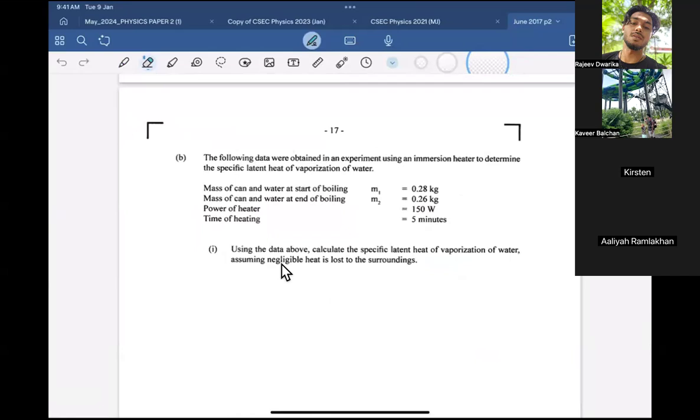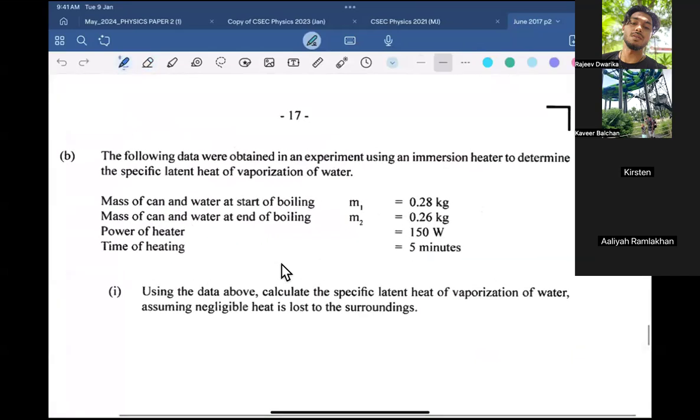Negligible heat is lost to the surroundings, meaning we're pretending we didn't lose any heat. Let me see if I remember. Latent heat is the energy required to change state.